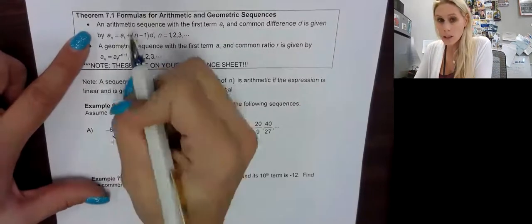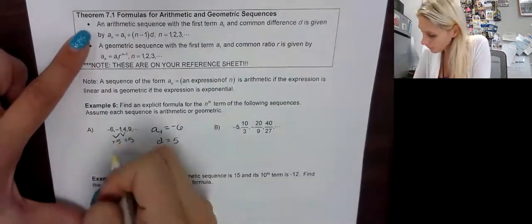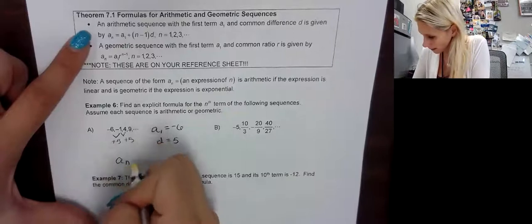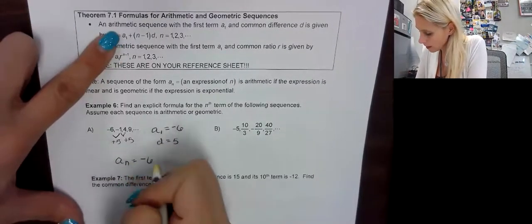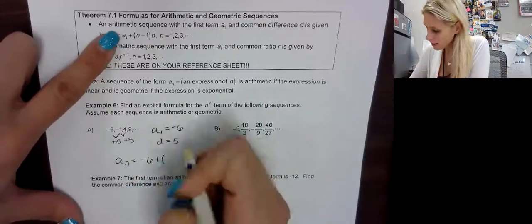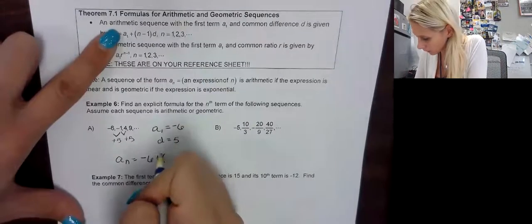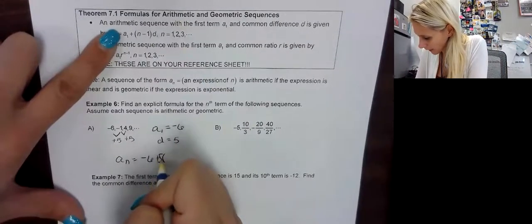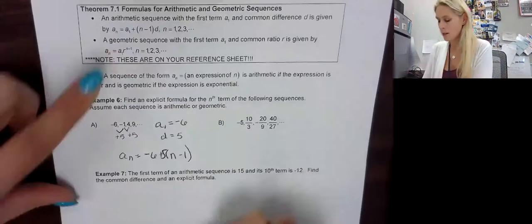So now we plug it into our explicit formula: a subset n equals our first term plus, and usually we like the d out in front, so plus 5 times n minus 1. And we're done.